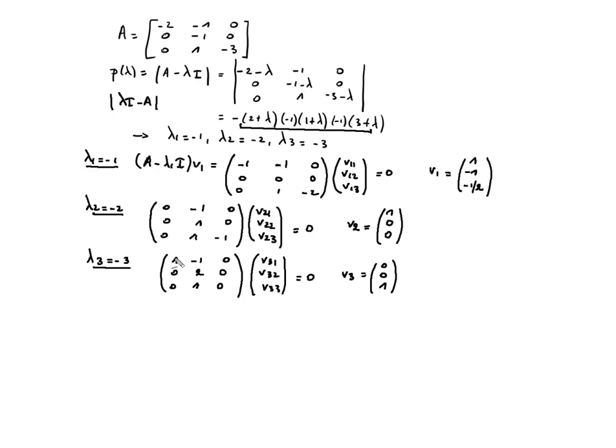Okay, so what we can now do is construct the matrix V. Remember that it's V1, V2 and V3. So that's equal to the matrix with rows (1, -1, -1/2), (1, 0, 0) and (0, 0, 1).